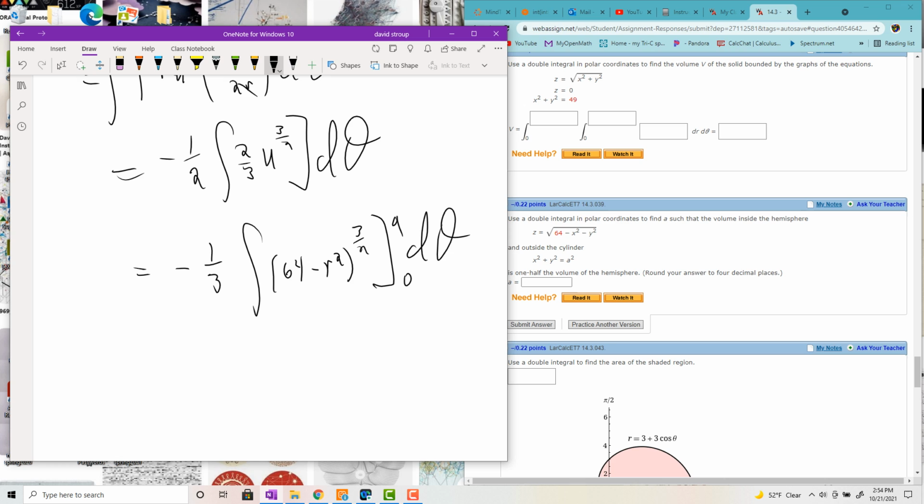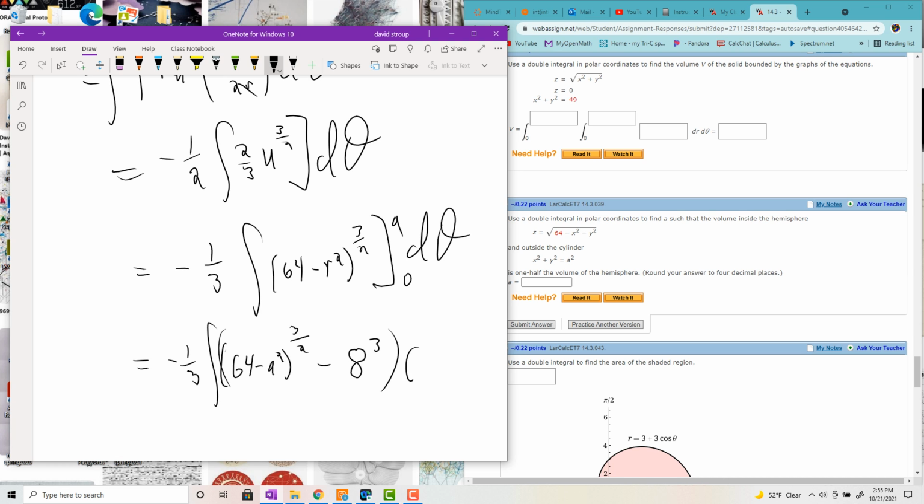So at 0, what are we getting? Negative 1/3 integral of 64 minus a squared to the 3/2, and then minus 64 to the 3/2, which is going to be 8 cubed, right? Because the square root of 64 is 8, and then I got to cube it.